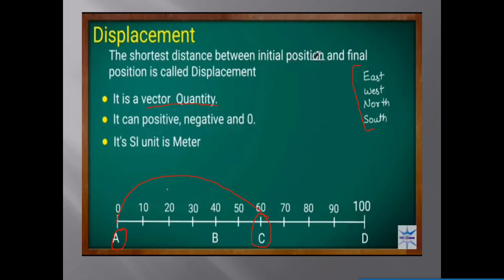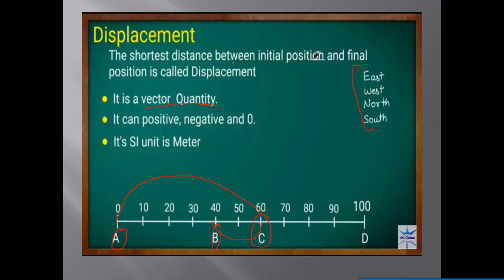So what will be the length of the shortest distance from the initial and the final position? Now it is 60 kilometers. Now again the object will move from C to B. As it is moving from C to B, now the object is in which position? It is at the position B.